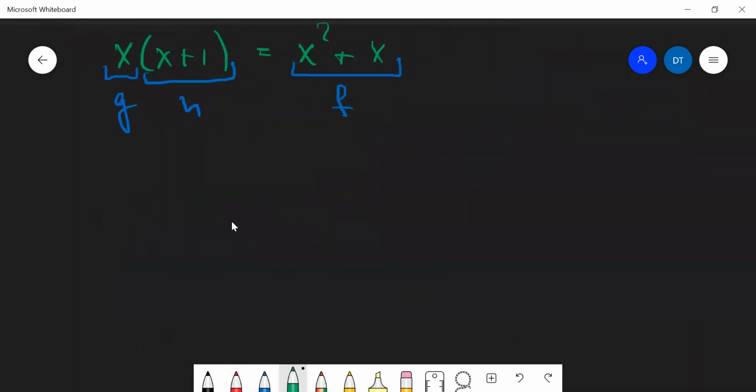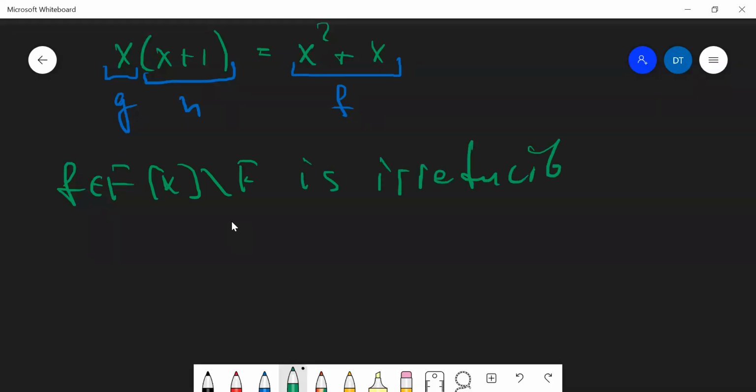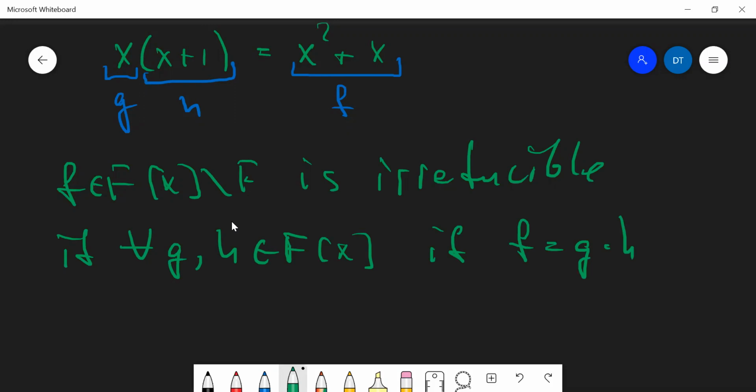Well, as you may guess, we will call the polynomial f irreducible in the contrary case. But let me pronounce exactly what it means here. Irreducible if for every polynomial g and h from F[x], if f equals g times h, then either g is constant or h is constant.